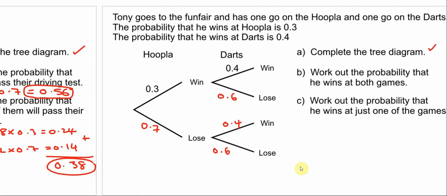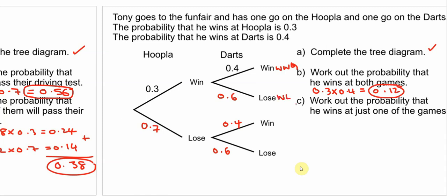So we've done this. Work out the probability that he wins at both games. So that is going to be this path. So 0.3 times 0.4, that equals 0.12. And then work out the probability that he wins at just one of the games. So it's basically the same question as last time.